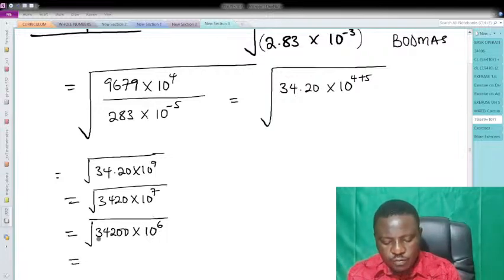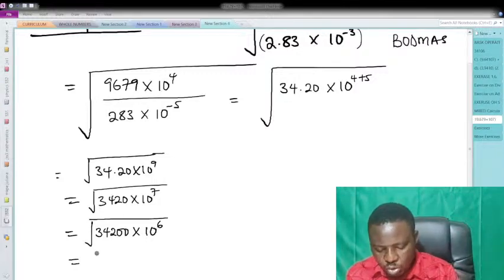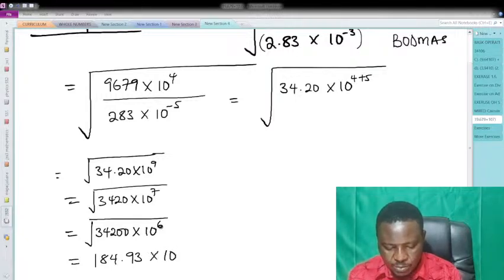So the square root of 34,200 is said to be 184.93 times 10 raised to the power of, the square root of 10 raised to the power of 6 is said to be 10 raised to the power of 3.